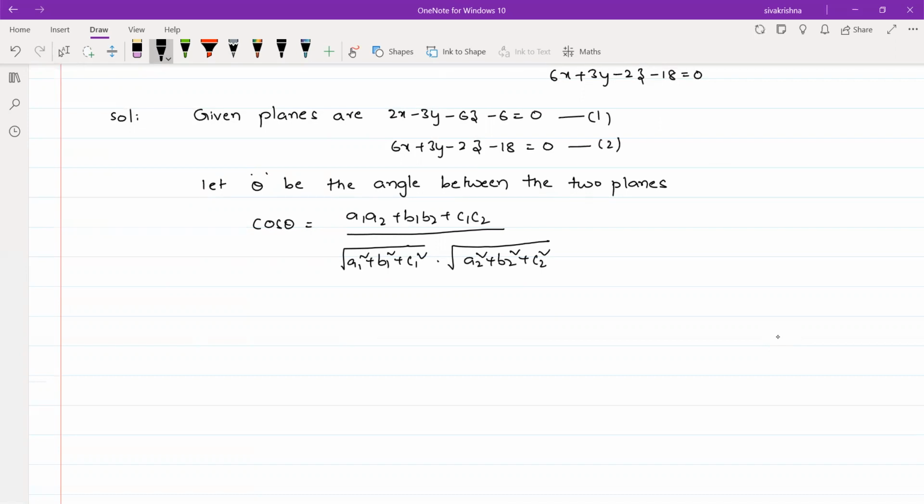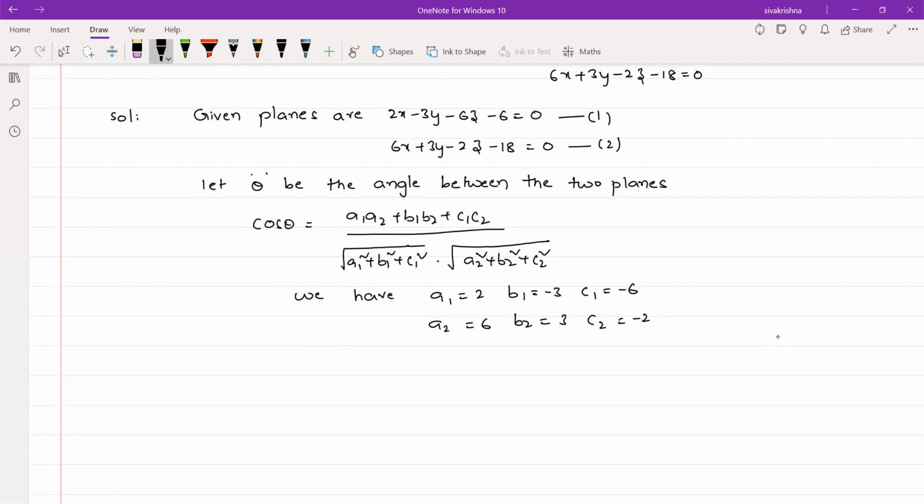Now we have a1 is equal to 2, b1 is equal to minus 3, c1 is equal to minus 6. These are the coefficients of x, y, z in equation 1. Coming to the second equation, a2 is 6, b2 is 3 and c2 is minus 2.